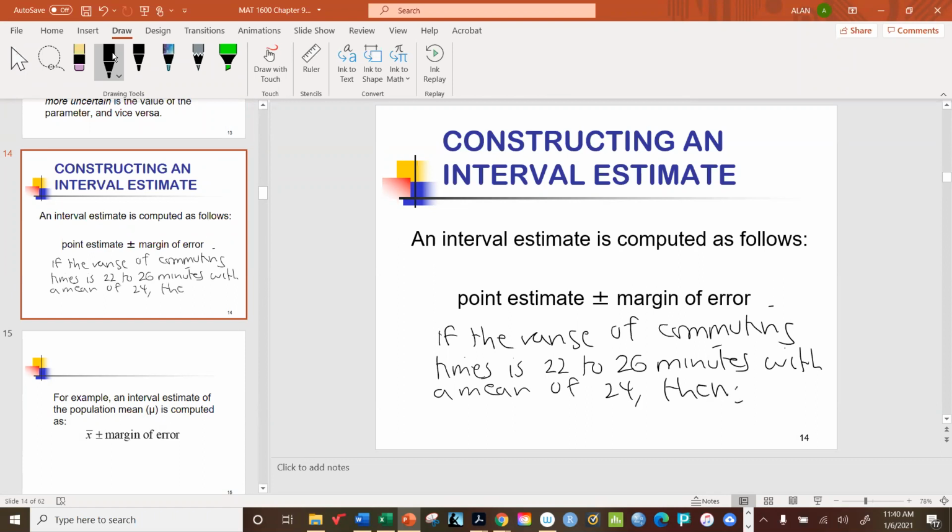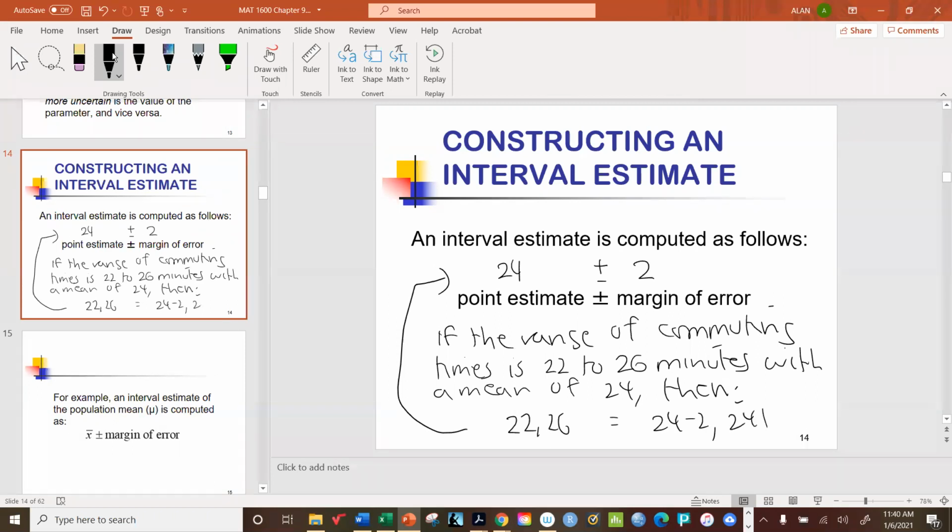The point estimate would be 24 plus and minus 2. The interval, 22 up to 26, was constructed as 24 minus 2 and 24 plus 2. So in that case, the point estimate is 24 and the margin of error is 2. That's how much uncertainty there is associated with our commuting time.